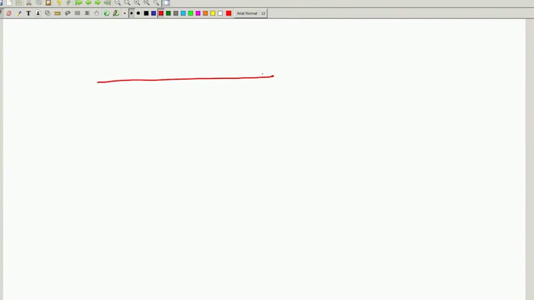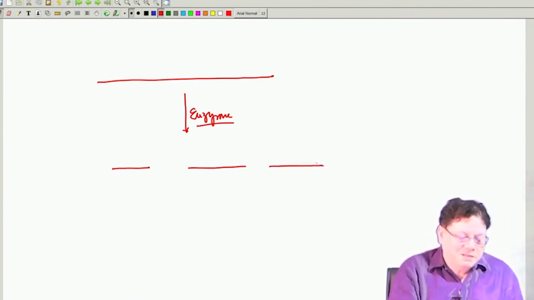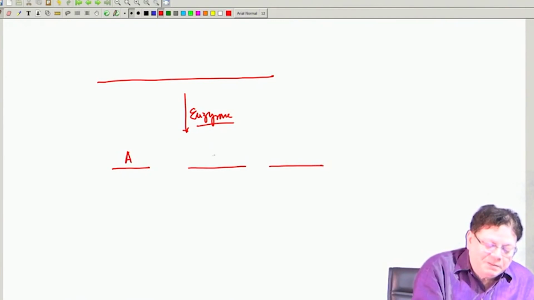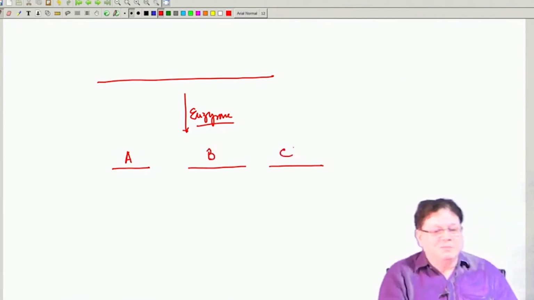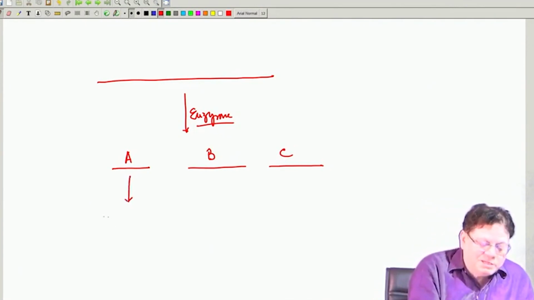Suppose this is your peptide, a long peptide. Now, you have an enzyme, and you cut it into pieces. Suppose this is piece A, this is piece B, this is piece C. Now, you know the sequence of these.